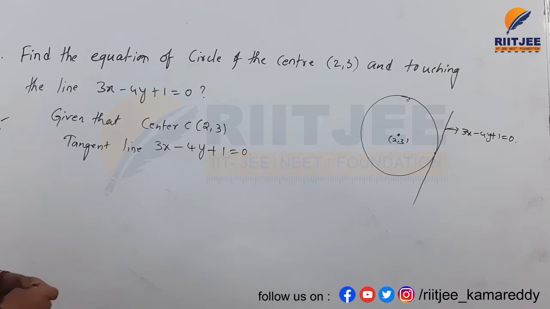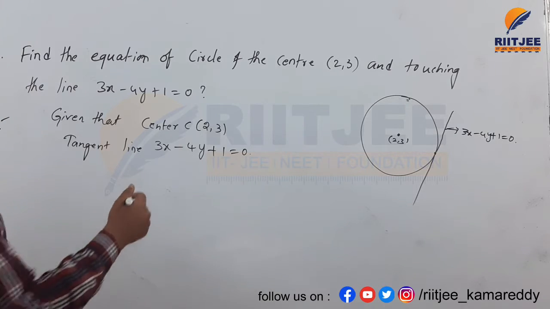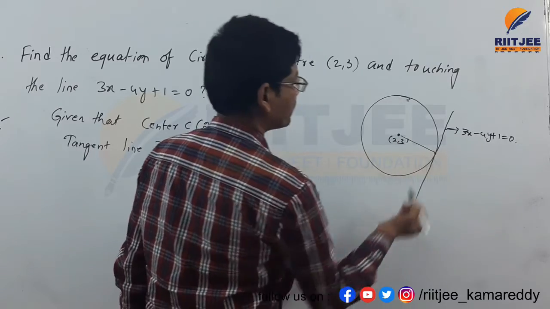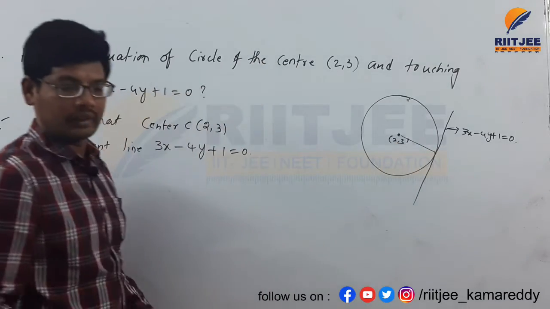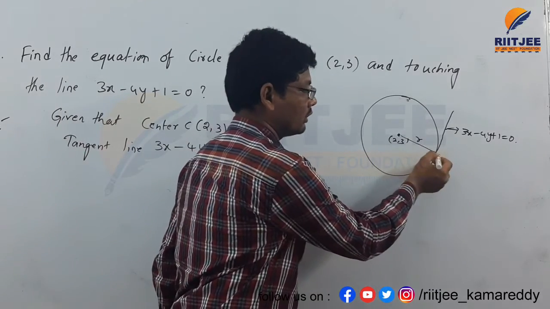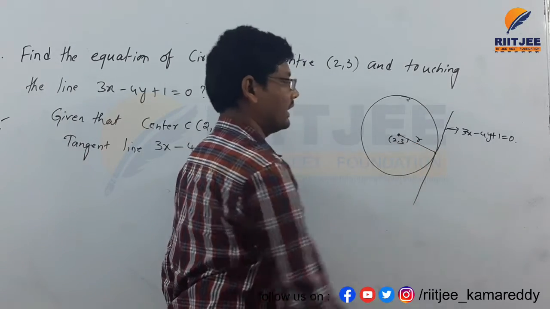The distance between this line and this point is called the radius.